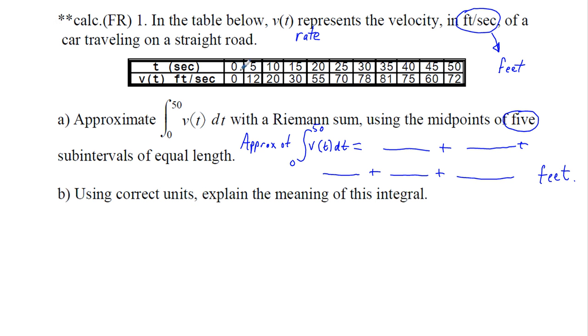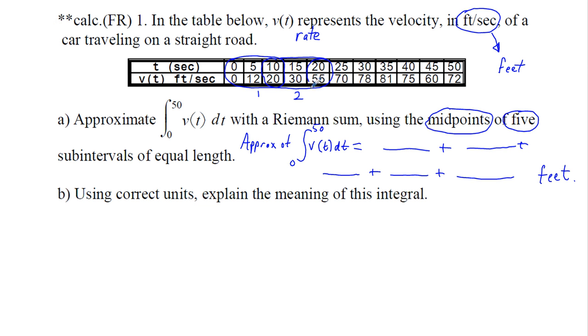Okay, now let's look at the data here. We want to have 5 subintervals, and to have subintervals with a midpoint, we're going to have an odd number of values. Let's try 3. If this is our first subinterval, and that'll be subinterval 1, then between t equals 10 and t equals 20, that's going to be our second subinterval.